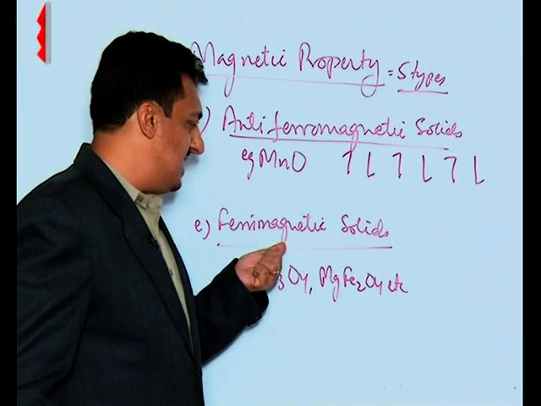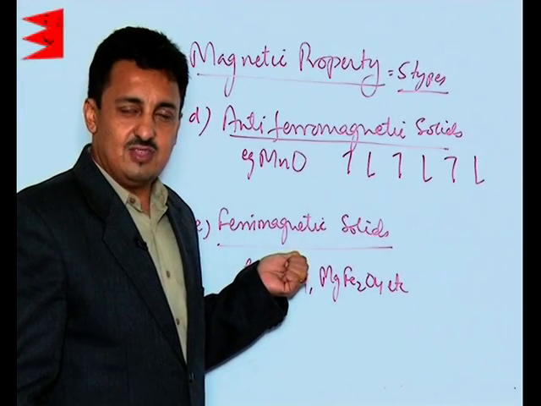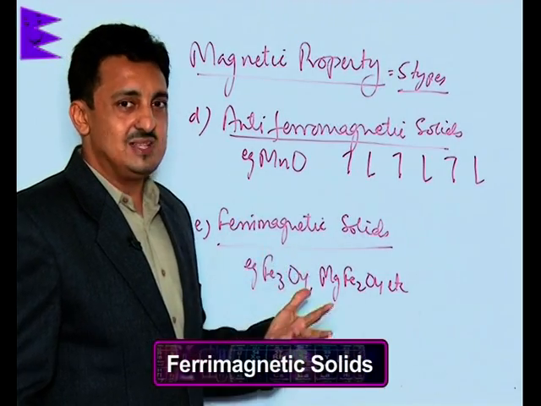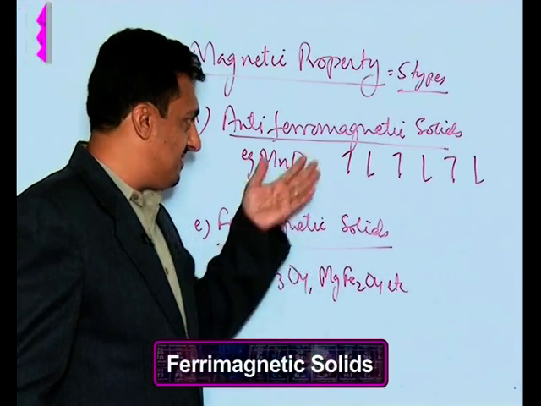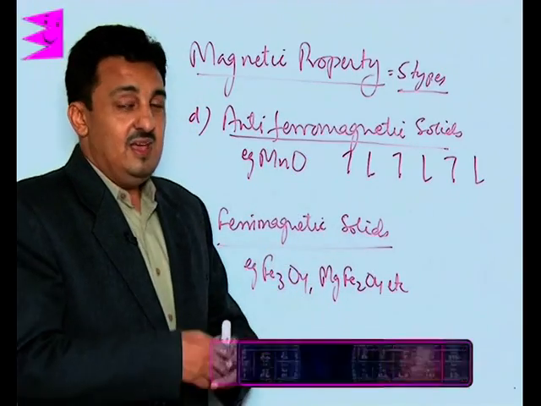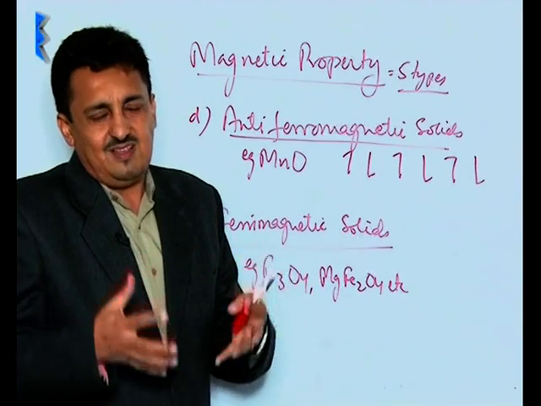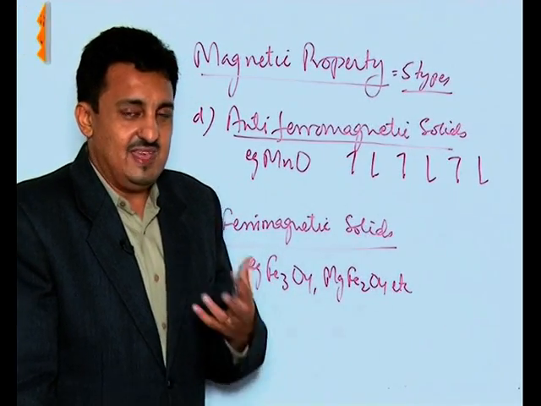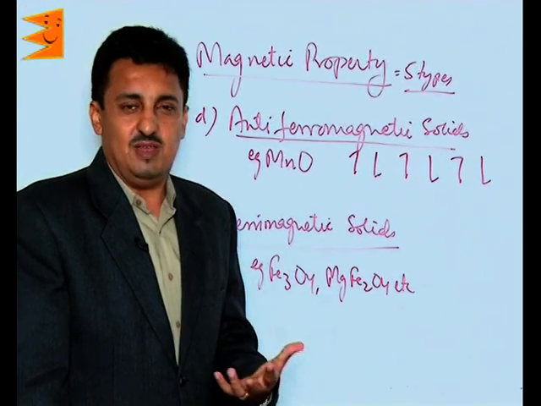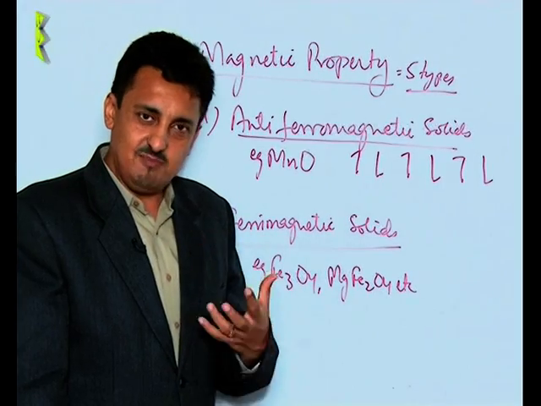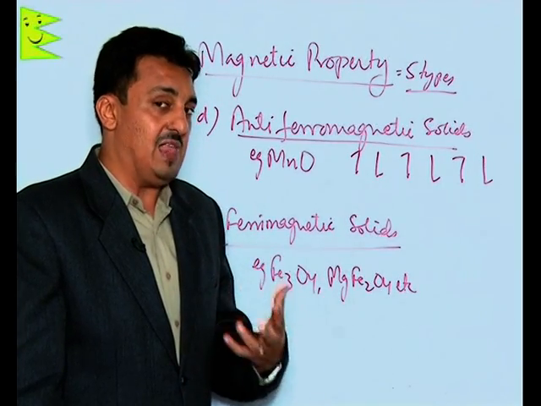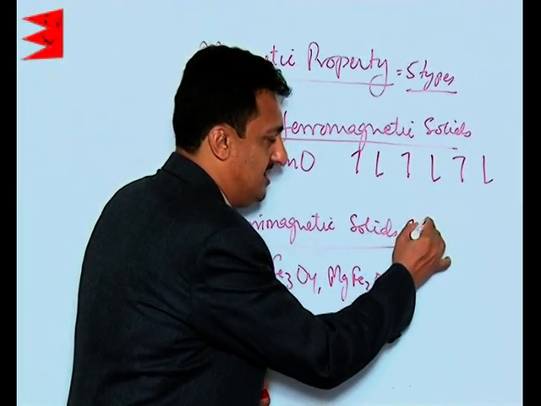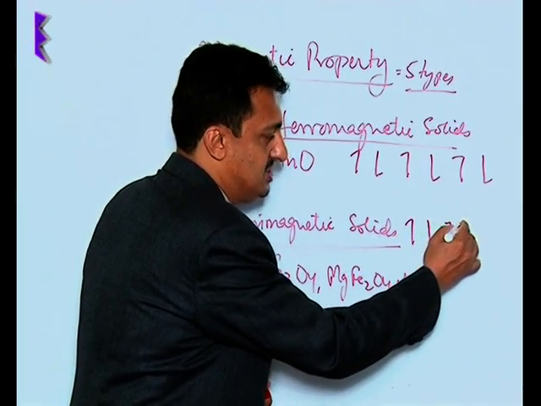Then the last category of the solids on the basis of magnetic property are ferrimagnetic solids. These are the solids which, as the name suggests, are very similar to the ferromagnetic ones. When placed in an external magnetic field, they behave like paramagnetic solids. They have many unpaired electrons, but in spite of that, they behave like paramagnetic solids. The reason is that most of their electrons are aligned opposite to each other.